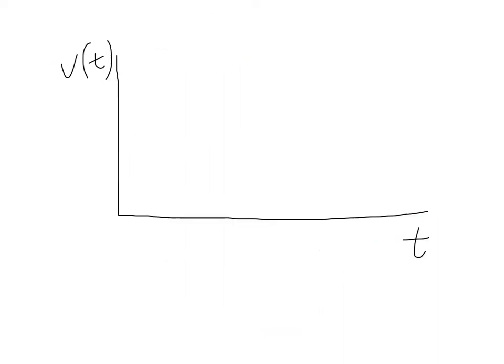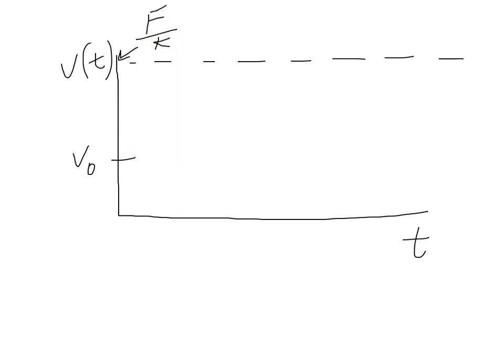We know that at t equals 0, it starts out at v naught, and after a long time, it's going to end up at some maximum possible velocity. That maximum possible velocity is F over K.